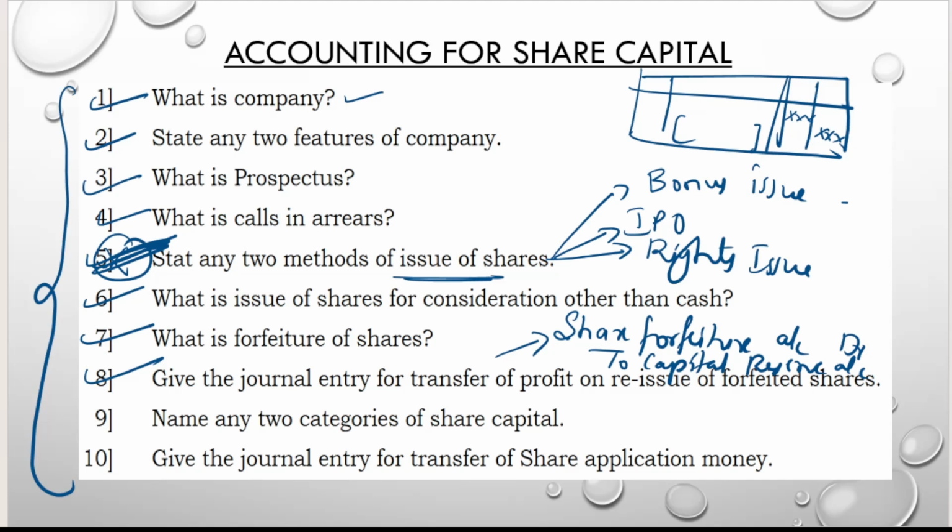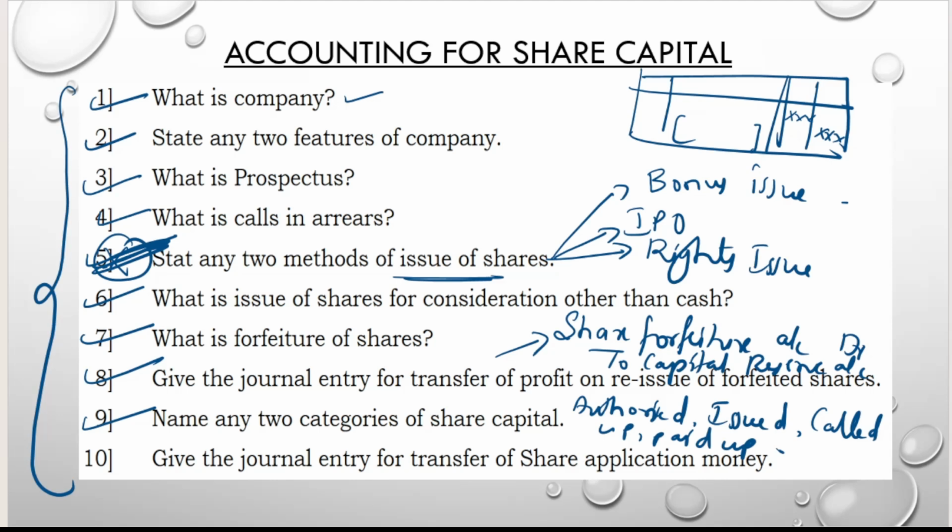Okay, fine. Next, name any 2 categories of share capital. Again, an important question. Prepare. Categories of share capital. Authorized, issued, called up, paid up, etc. Complete you have to prepare it with this question, because from this you are going to get a compulsory either in MCQ or in 2 marks.